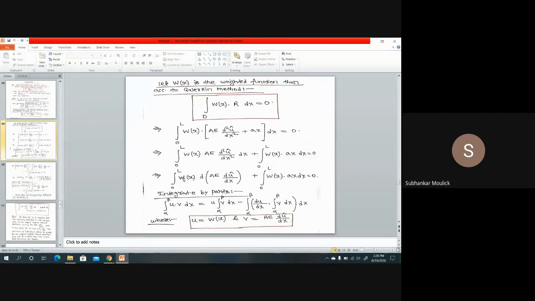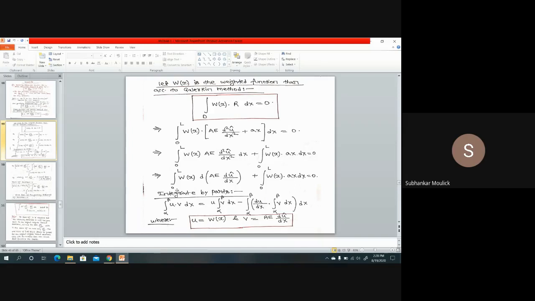For that, I am integrating this particular expression, integral 0 to L w of x into d of A E du cap over dx, by parts. We know how to integrate any expression by parts.